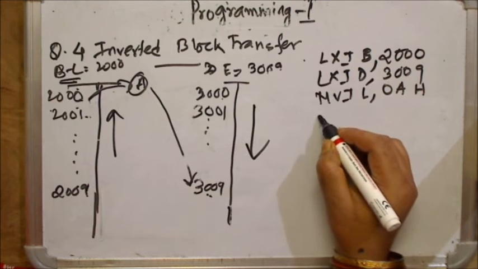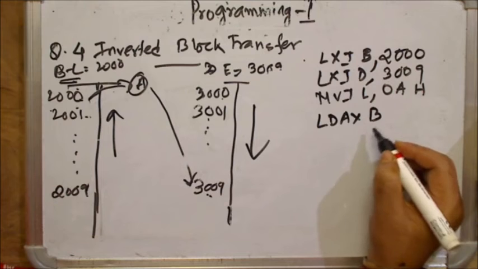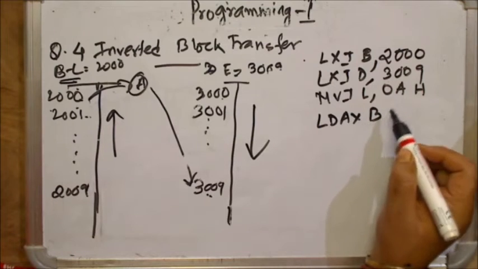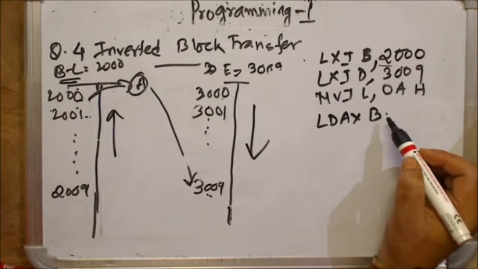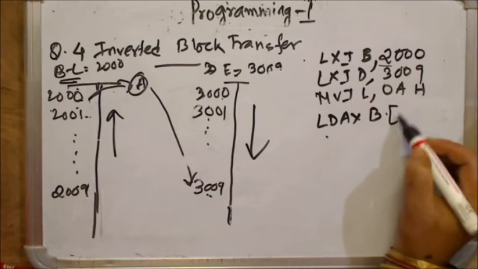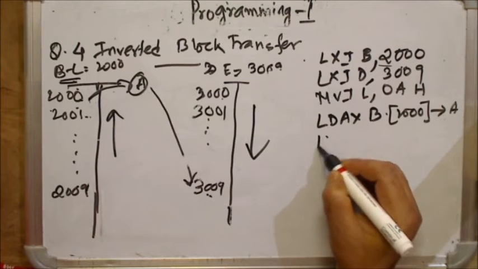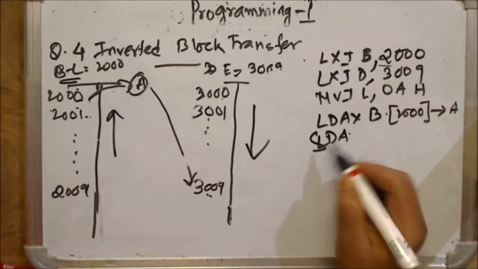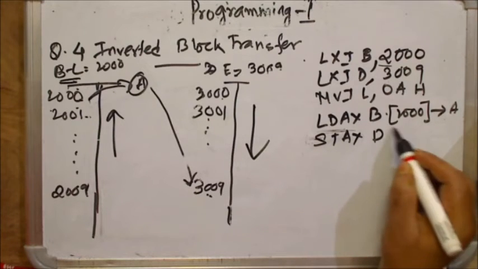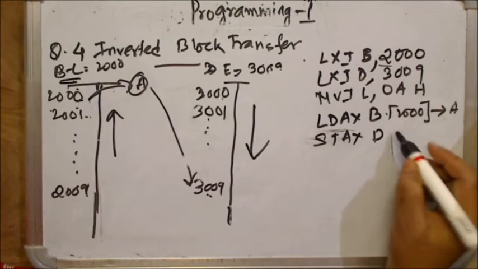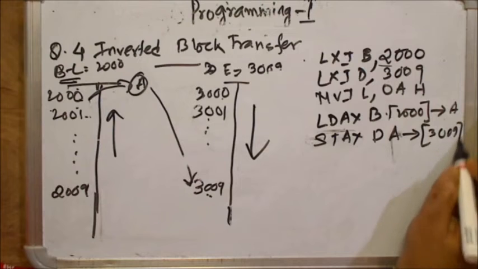Then the next instruction is LDAX B. Whatever data is pointed by the BC pair, that is the data of 2000, will come to A. Then STAX D, so whatever data is in A will go to the memory location 3009.